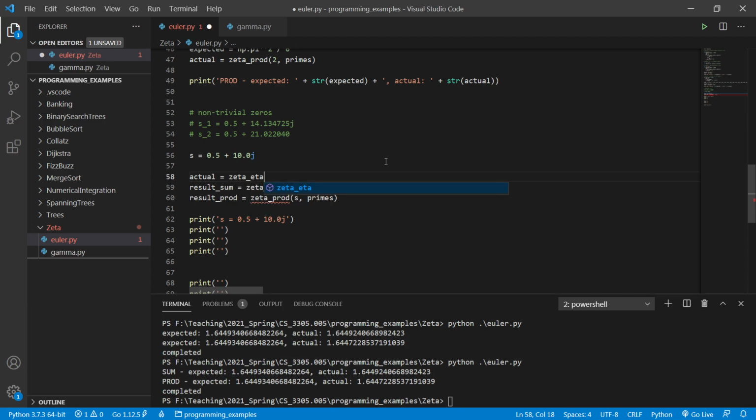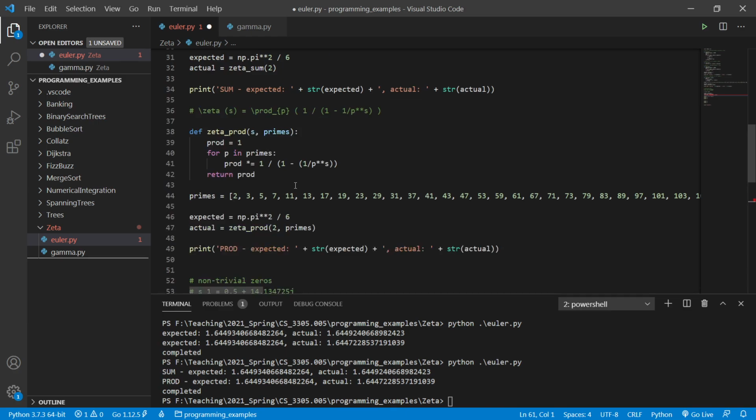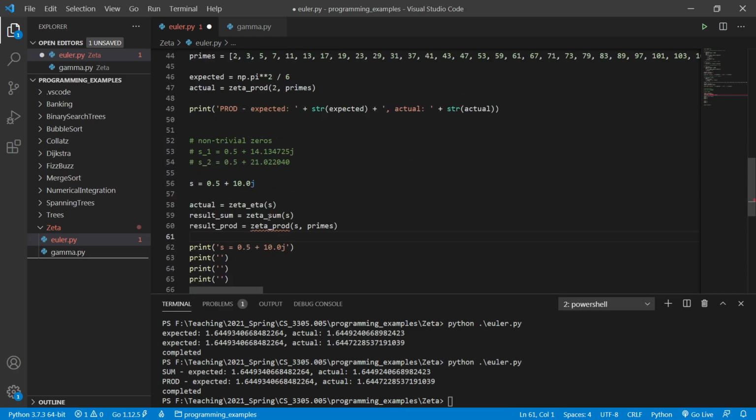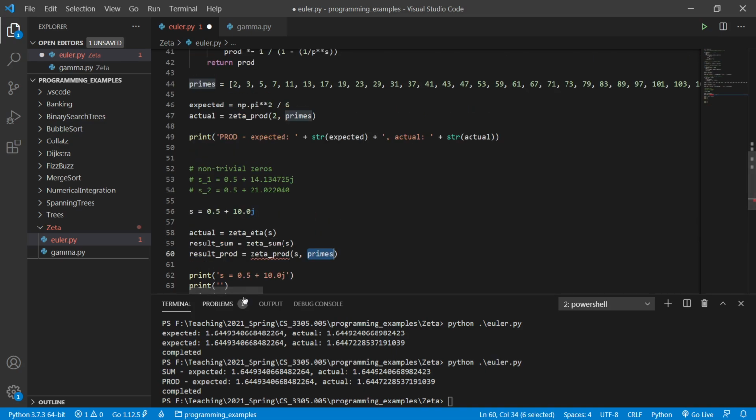So zeta from eta is going to be whatever s is, and then we have the sum if we ignored the suggestion and just used the sum that we claimed is undefined, and then the product, which again if we ignore the suggestion, and then zeta prime. Okay, I don't know what it's complaining about, really.